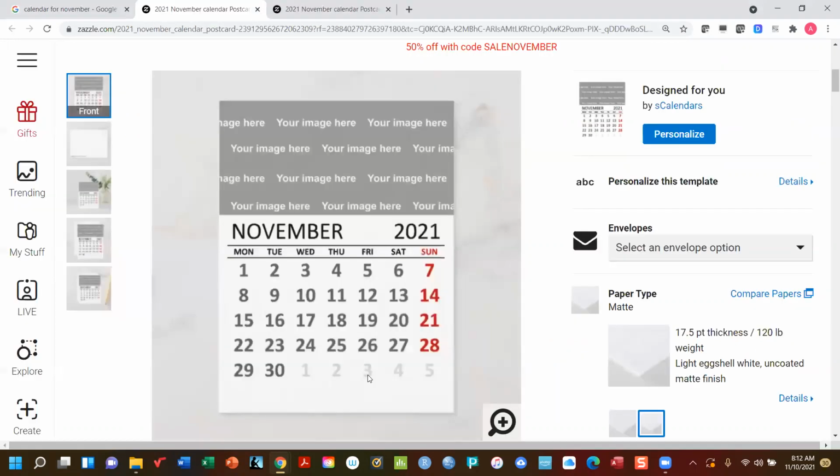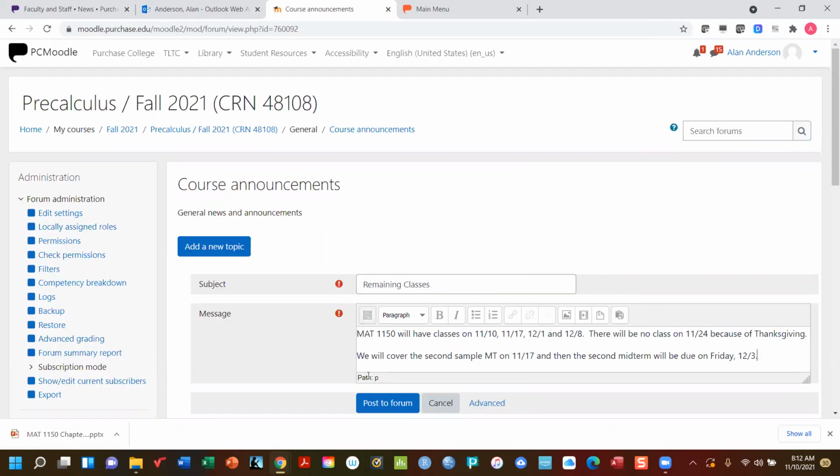As far as the finals are concerned, we're meeting one last time on the 8th, and the following week would normally be our finals week. We would normally come in on the 15th and have an exam in the classroom.